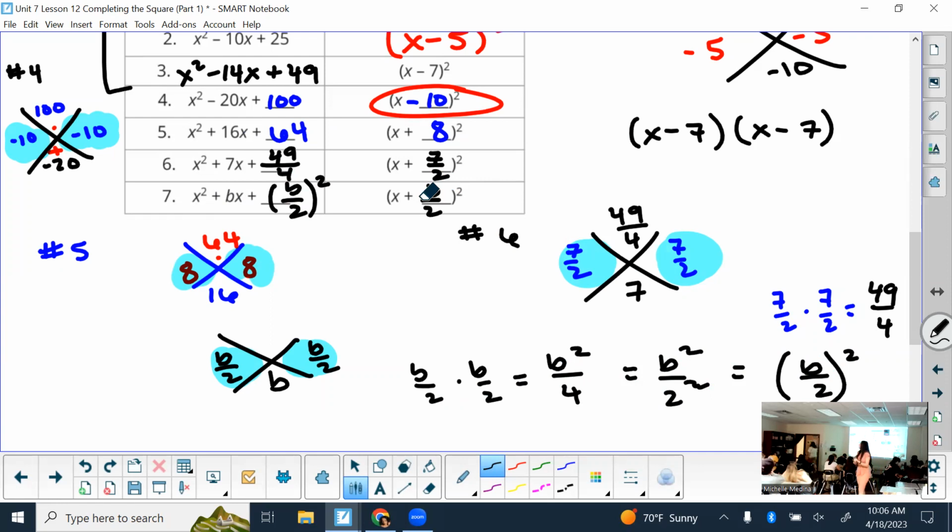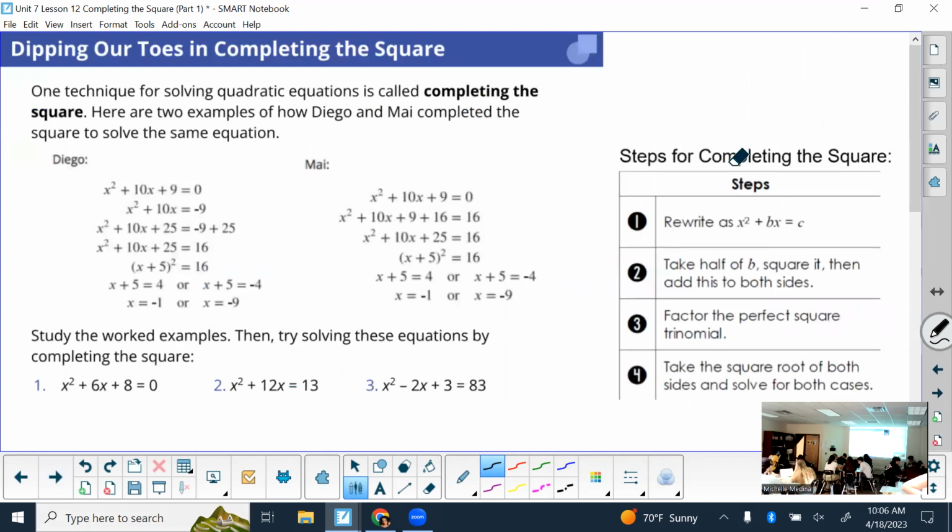Okay. So I told you we're going to be doing something called completing the square. And the process that we just did is actually part of that process. So I'm going to have you write down some steps. First, make sure this is all written down. Go on to the next page, but wherever you have room, I want you to write these steps.